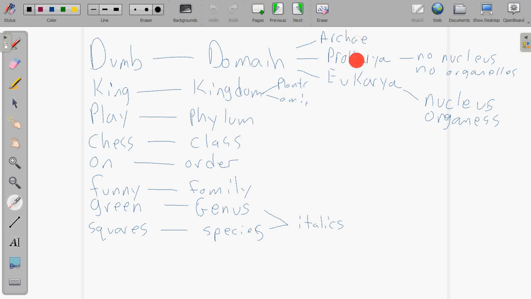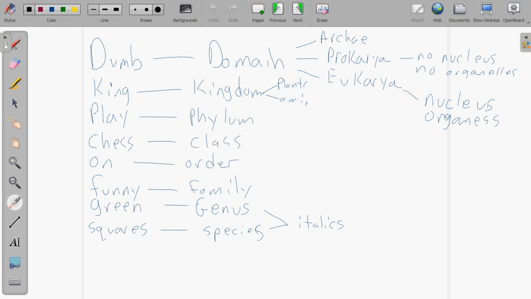Prokaryote do not have a nucleus. They do not have membrane-bound organelles, so they're like bacteria. Eukaryote is everything that the cells do have a nucleus and do have organelles. Right? So humans, dogs, cats, oak trees, dandelions, penguins, tuna fish, all eukaryotes.